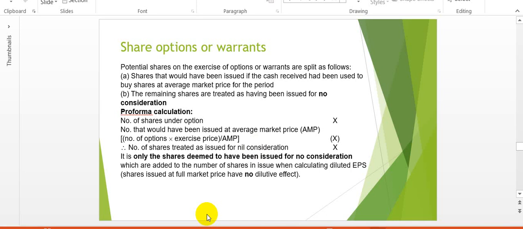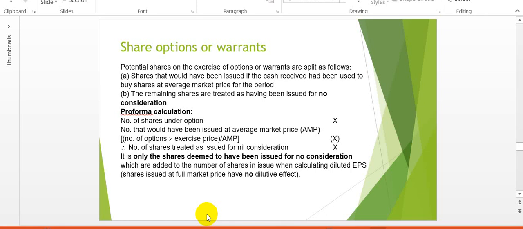Share options are used as an incentive by companies to try and motivate managers to work extra hard to improve wealth in the company. So the share options are offered to employees if they meet certain conditions, usually an increase in the share price, or they meet certain targets which have been set.